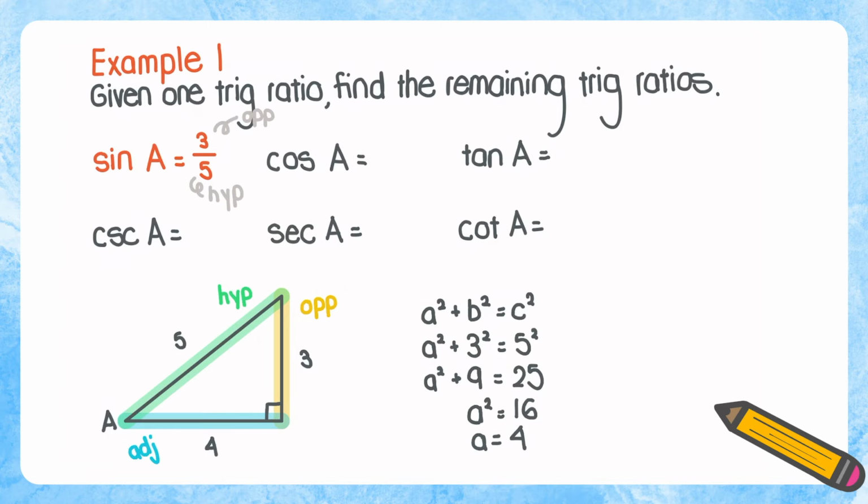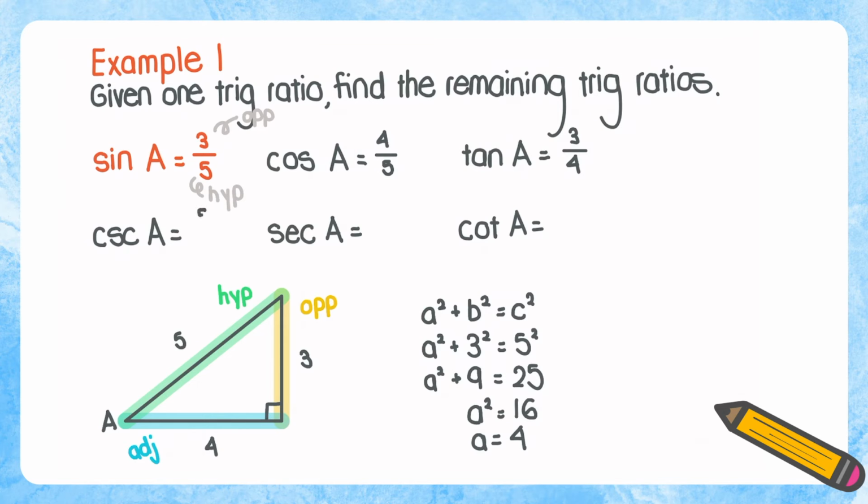Now we can go back to set up our remaining 5 trig ratios. So for cosine of A, I know it's the adjacent side over the hypotenuse, and the adjacent side is 4, the hypotenuse is 5, so 4/5. For tangent of A, it's the opposite side over the adjacent side, so 3/4.